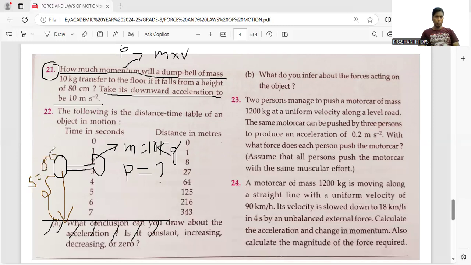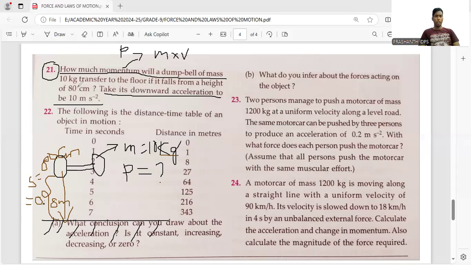Now if you observe, the mass is given in SI units, but the distance is given in CGS units, centimeter, the smaller unit. So you need to convert it into meters. 80 divided by 100 is 0.8 meters.